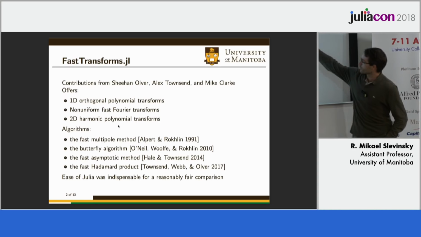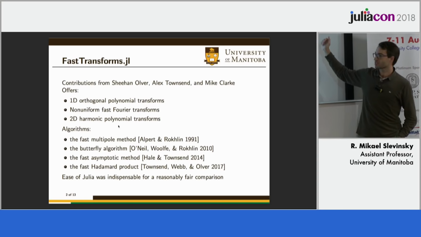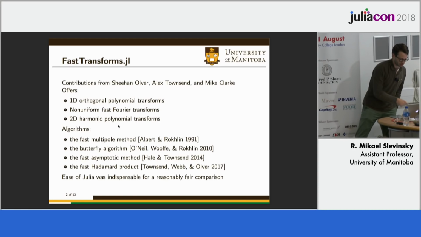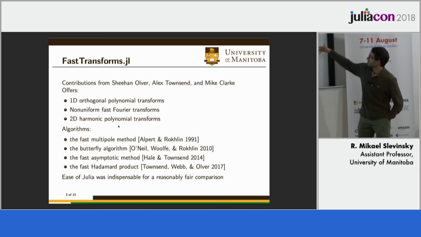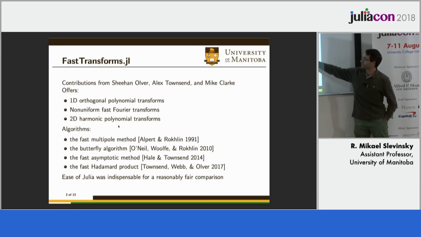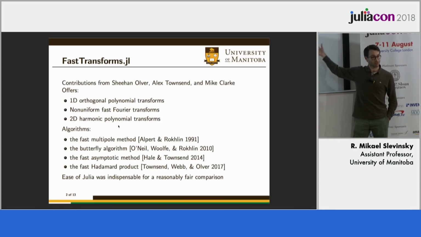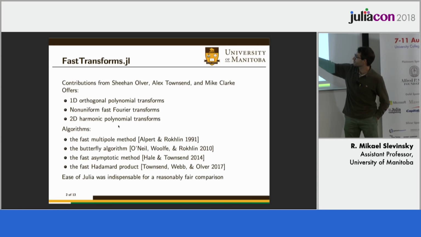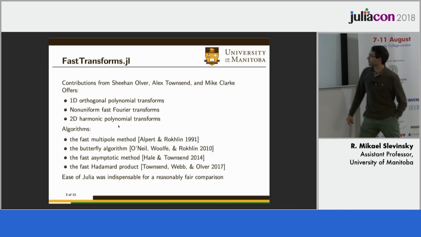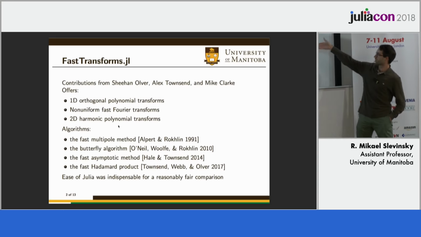Okay, so what are the algorithms? There's many references to this. I normally give math talks. I don't think I've given a software talk on this before. So there's many beautiful algorithms. Here are just sort of representative references for each of these. So the fast multipole method, or an adaptation for the connection problem, so Chebyshev to Legendre transform.